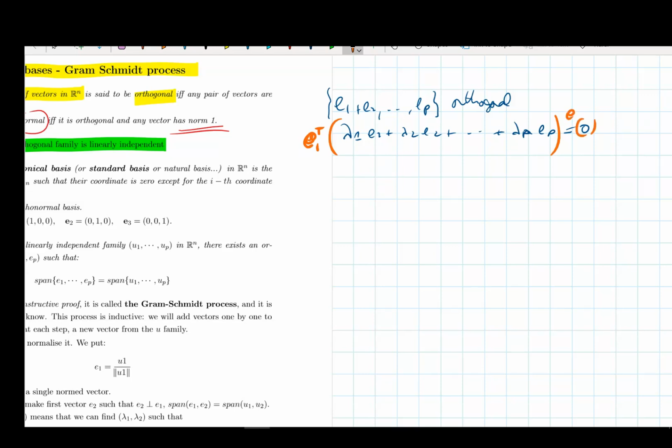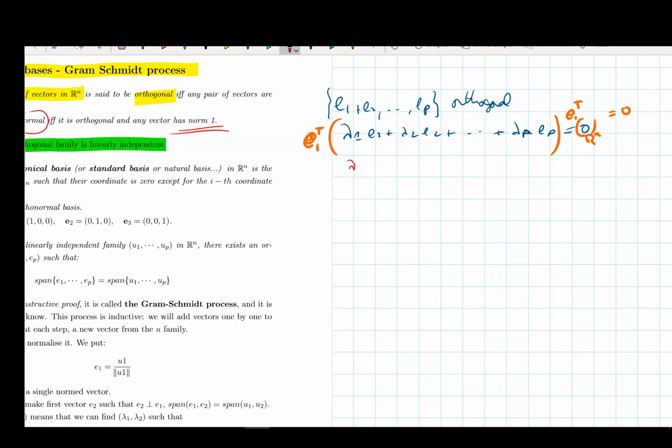So I multiply on the left by E1 transpose, and of course that's going to be equal to 0, because, I remind you, if my vectors are in Rn, that's the 0 of Rn. So E1 transpose times 0 is just going to be 0. Actually, what is that? I'm taking the dot product of my expression with E1. I wrote it with the matrix expression, but this is really the dot product.